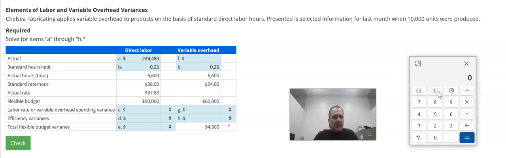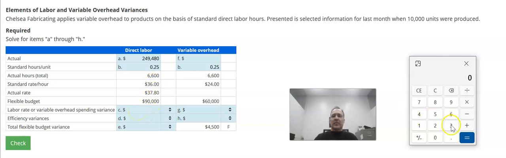All right. So let's see here now. The next thing that they want us to calculate is the labor rate and variable overhead spending variance. So we have to calculate this. It's not too bad. The labor rate portion is going to be requirement C, and then the variable overhead spending variance will actually be part G. So that's a little bit confusing.